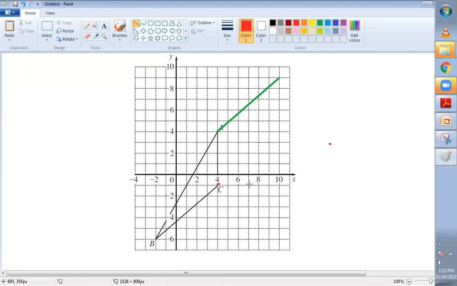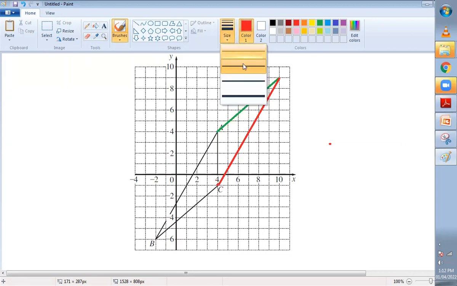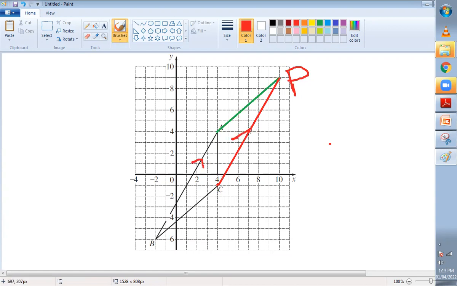Okay, it will be 1, 2, 3, 4, 5, 6, and 1, 2, 3, 4, 5, 6, 7, 8, 9, 10. So the point P will be here. This is the point P, which makes it a parallelogram. You can see this side and this side are parallel to each other.